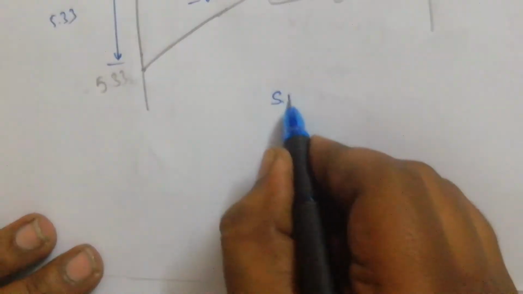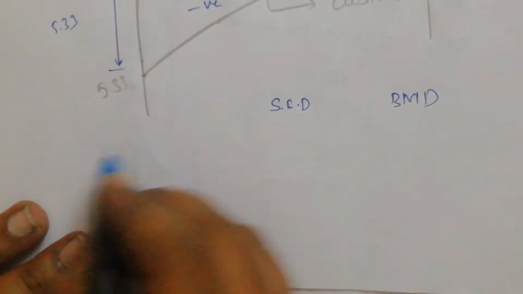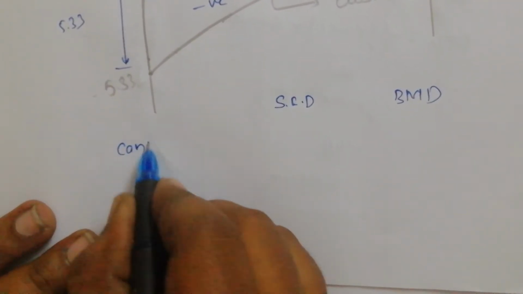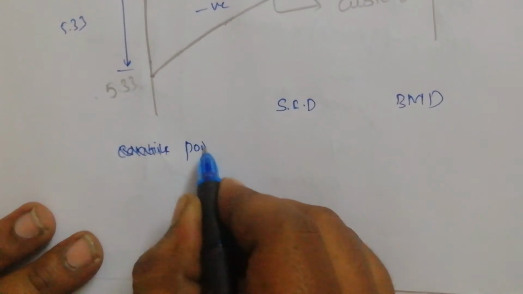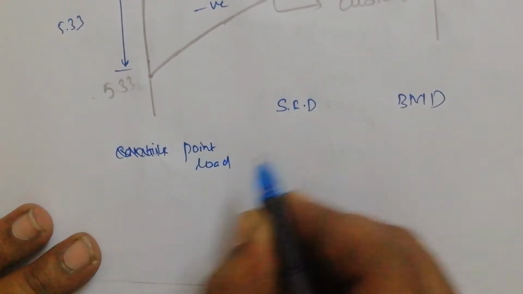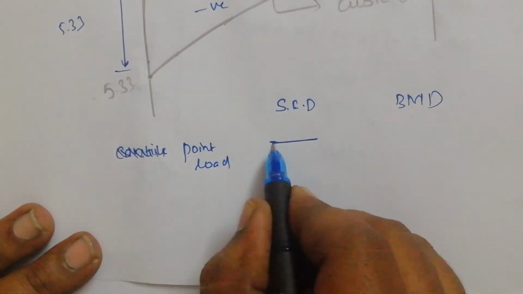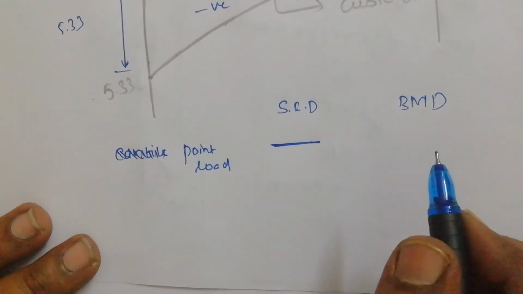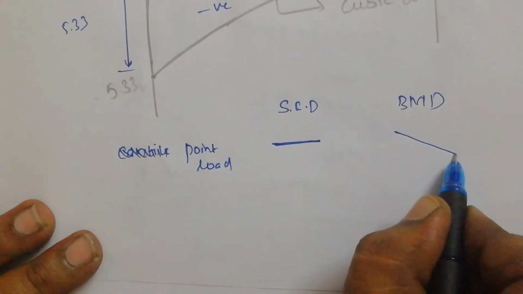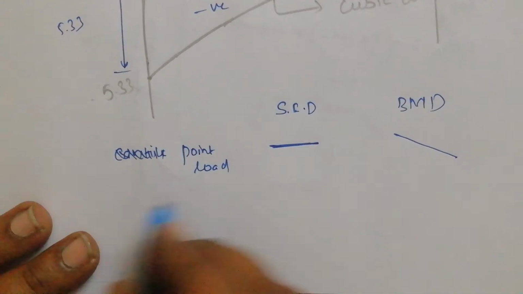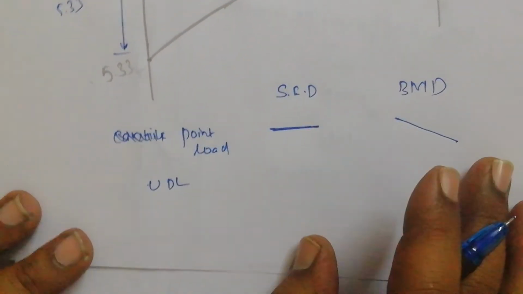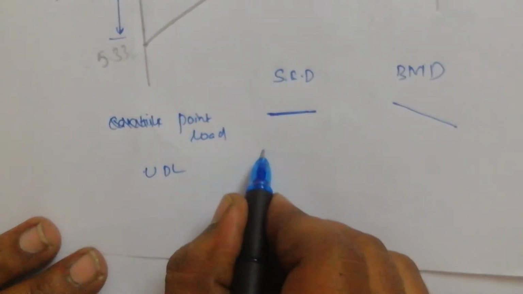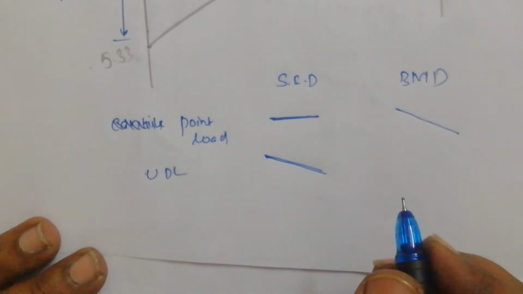So if we look at SFD and BMD diagrams, if it is a cantilever with a point load, in the shear force diagram we will get a straight line, in the bending moment diagram we will get an inclined line. Next is UDL. If it is a UDL, in the shear force diagram you will get an inclined line.